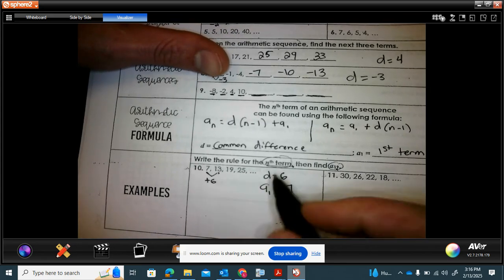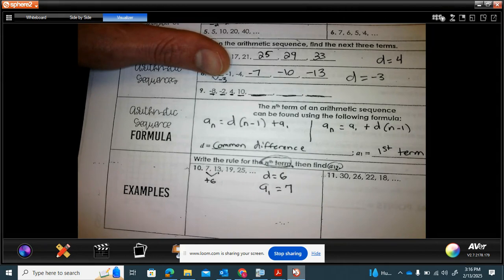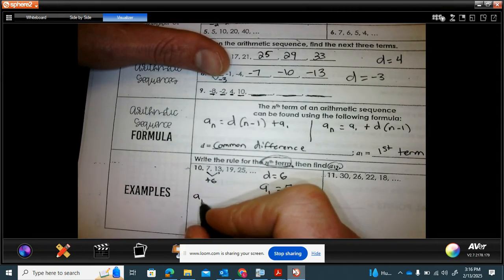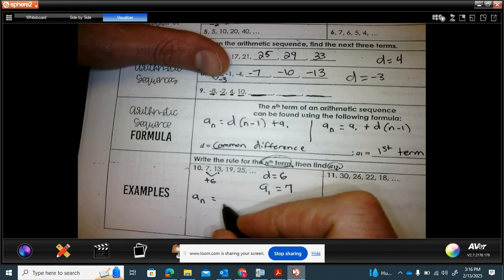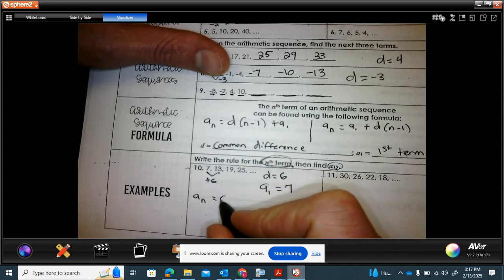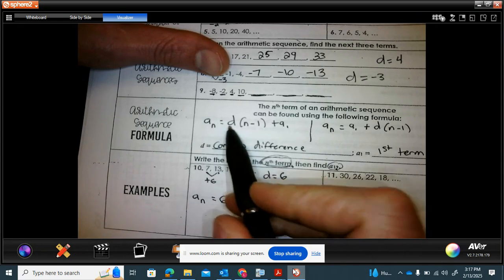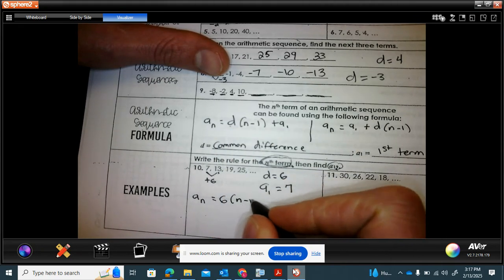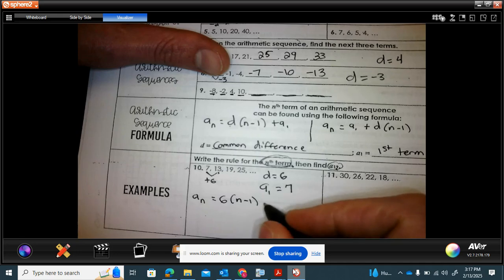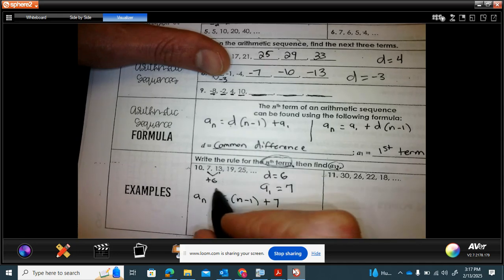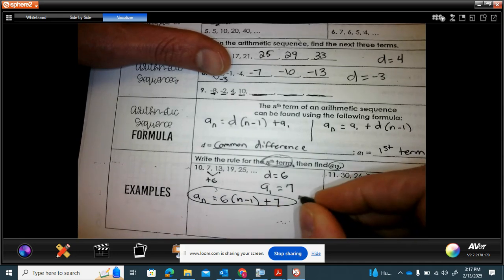So then, to find the nth term, you keep the n's in the formula. So my nth term would be A_n equals, I plug in d, I'm keeping n, and I'm plugging in A_1. This is what we call the nth term.